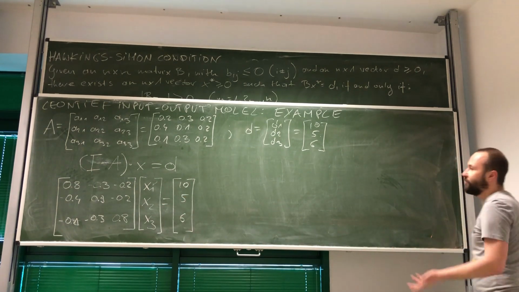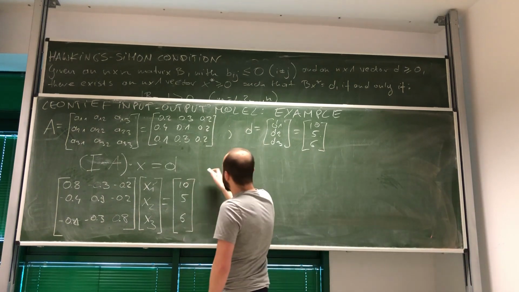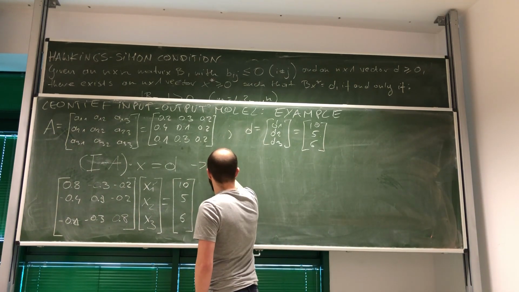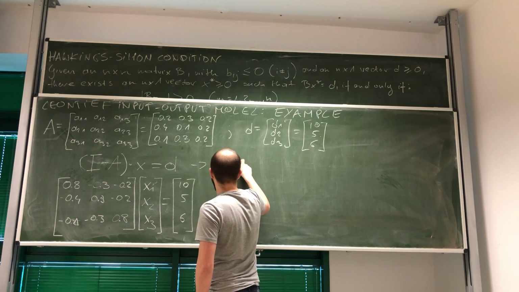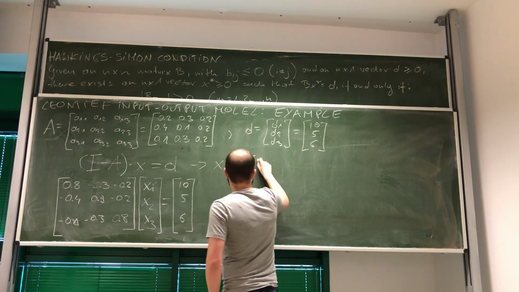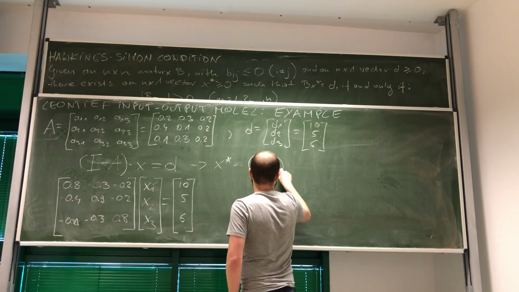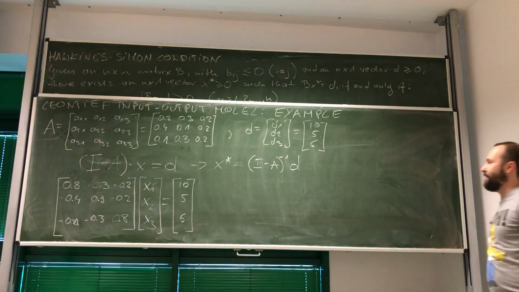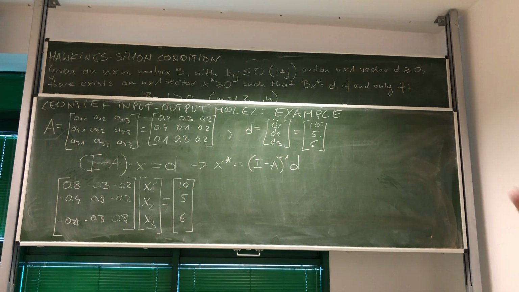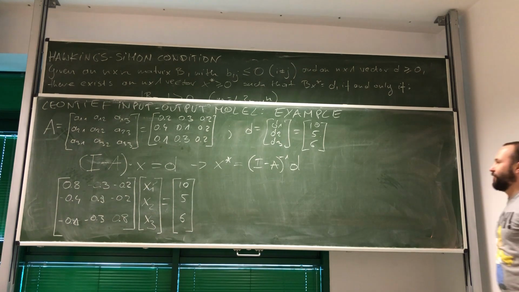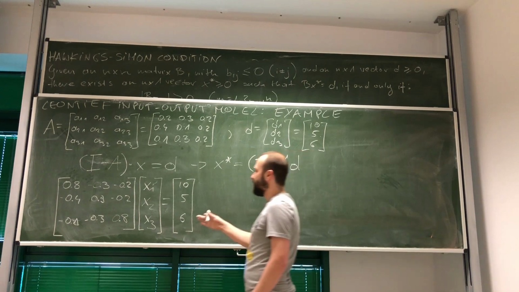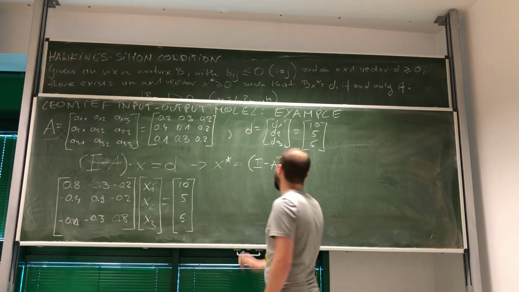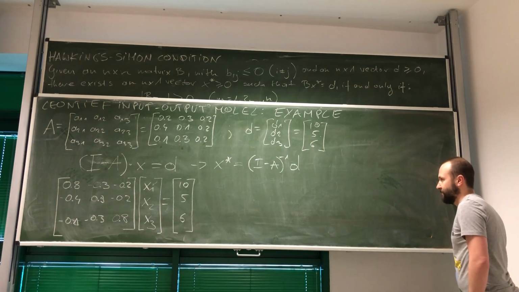In order to find the solution, we need to solve this equation. We know that the vector of results is given by the inverted Leontief matrix times the vector of final demand. So what we need to do over here first is to check whether we can find the inverted Leontief matrix.